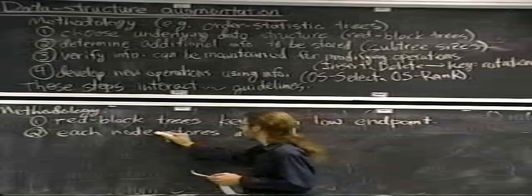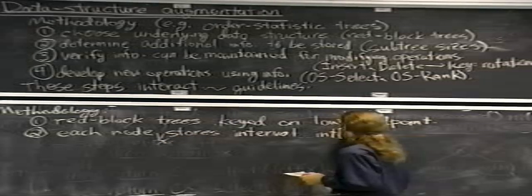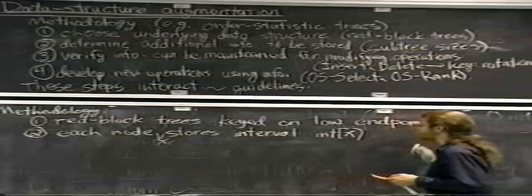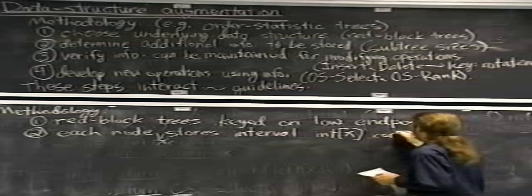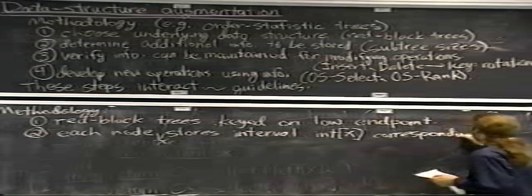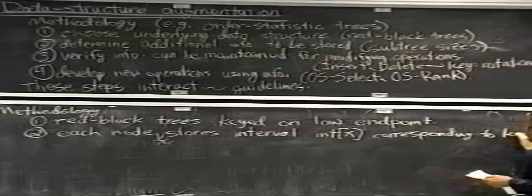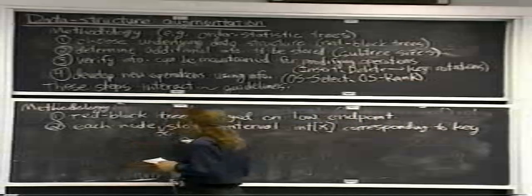So if we have some node x, it stores the interval associated with x. Every node stores an interval. It also stores a key, but that's just the low endpoint of the interval. I sort of have to say this because red-black trees just store keys. I have to add in this, but that's no trouble. So those don't change.